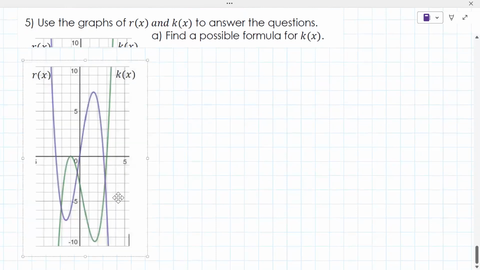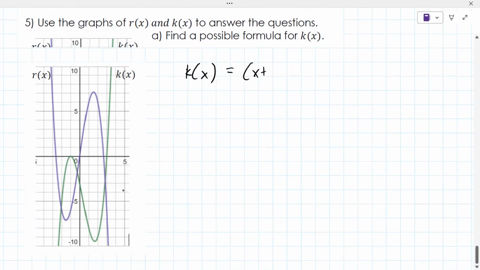So let's see here. k of x has a 0 at -1, so that's x plus 1. That's right there in black. It's squared because it touches, and then it looks like x minus 3 for the other one at 3.